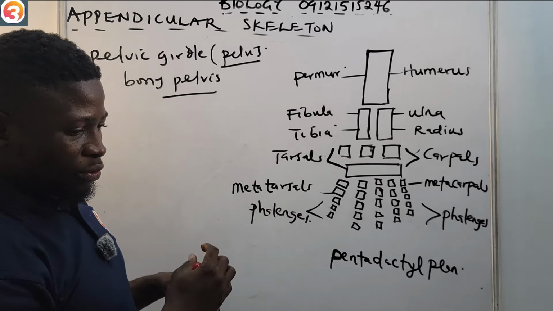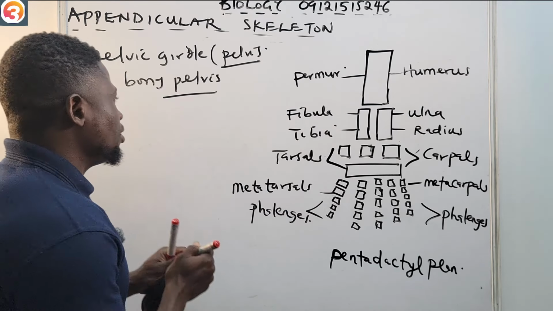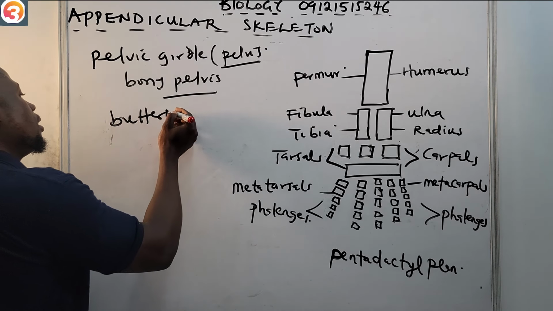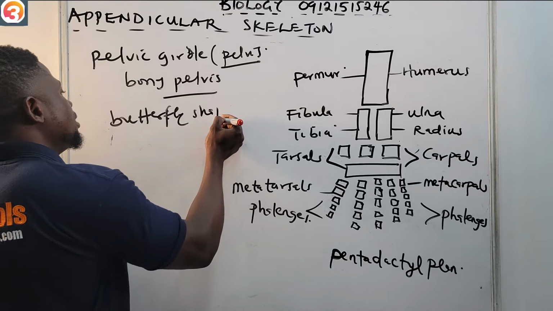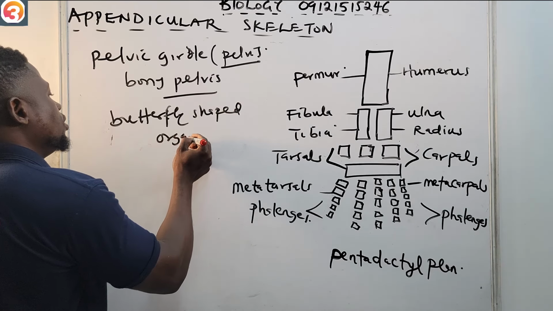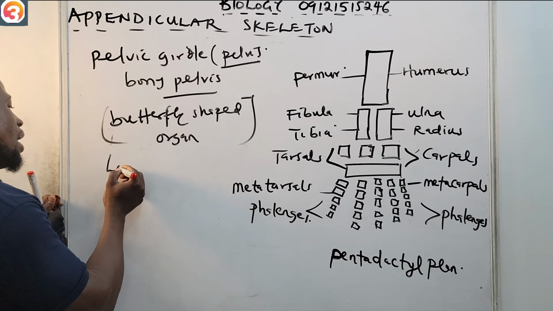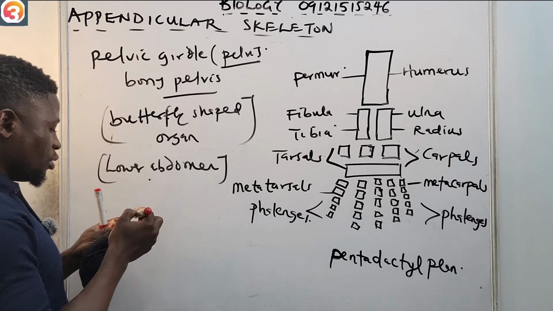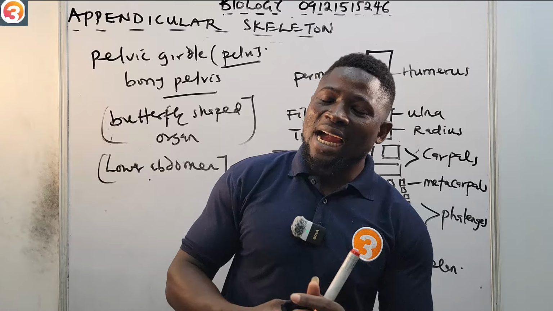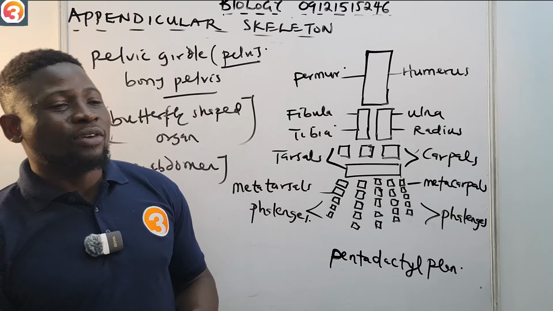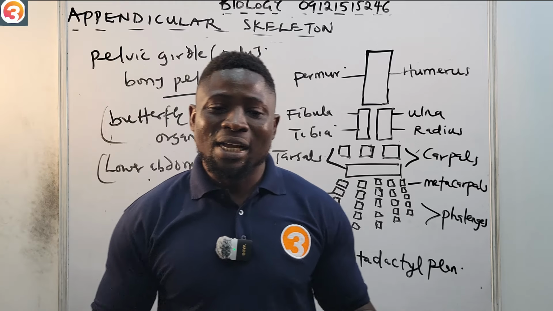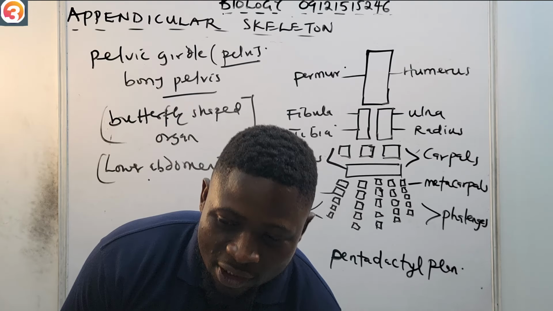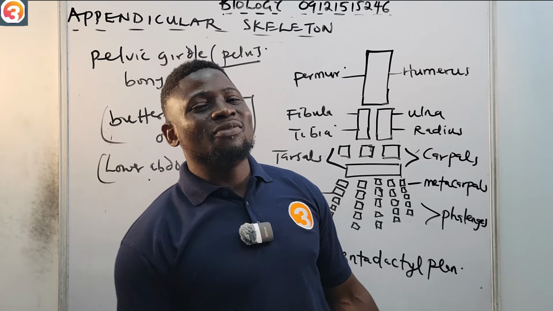The pelvic girdle is a butterfly-shaped organ that is found in our lower abdomen. It is the reason why you can sit or stand. It is the reason why you can shake your waist. It is very, very useful.